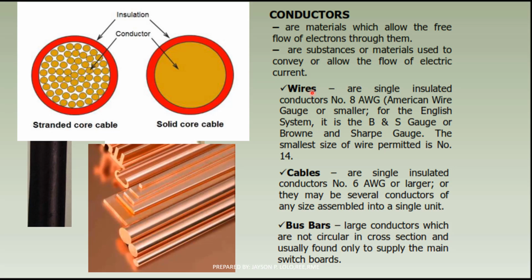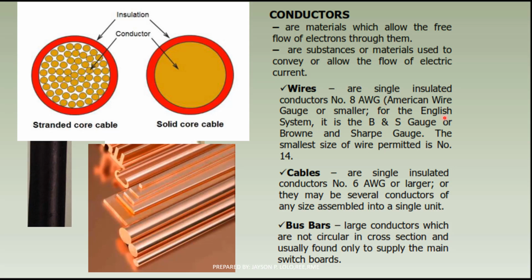Number 1 is the wire, cable, and busbar. This picture represents a busbar, which is commonly seen in panel boards and low voltage and high voltage switch gears. Wires are single insulated conductors number 8 AWG, which is American wire gauge, or smaller.